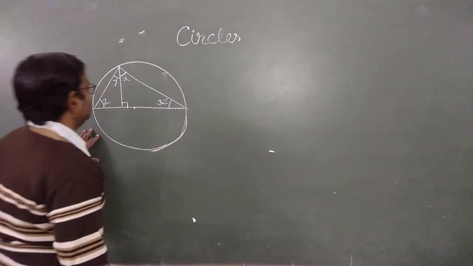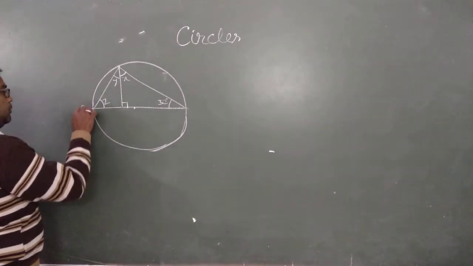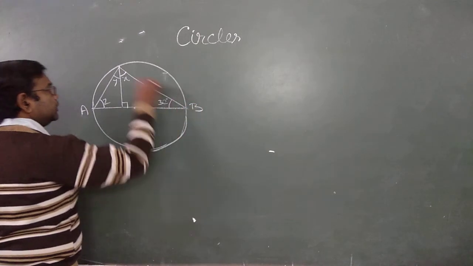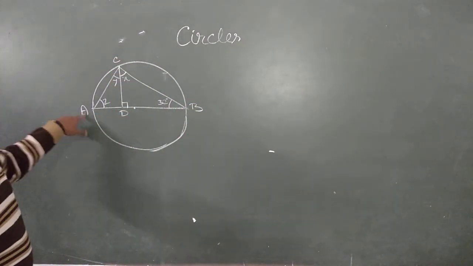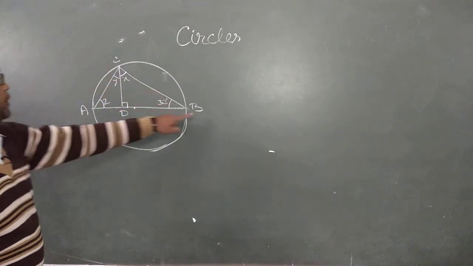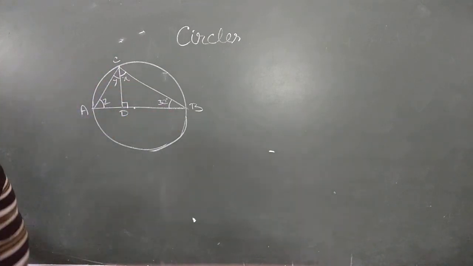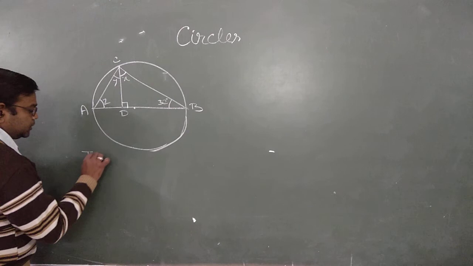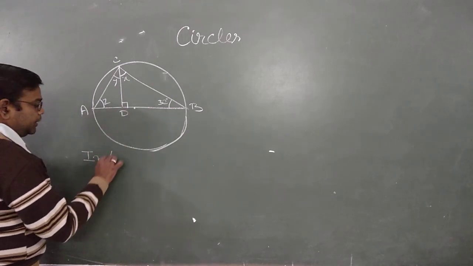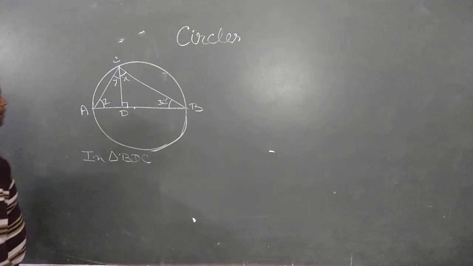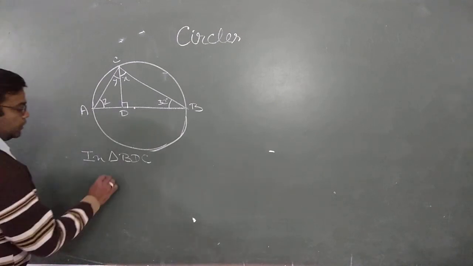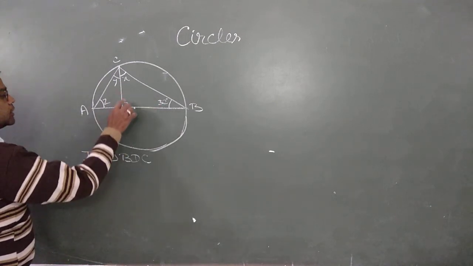We first give the names. So this time A, B, C, D. Now we have two triangles, ADC and another triangle BDC. If we start from this triangle, in triangle BDC, we have the values 32 and 90.